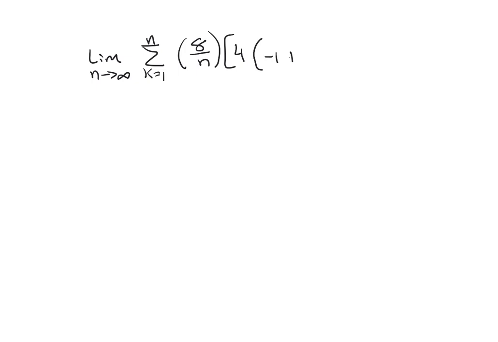Now we're going to go backwards, starting with the limit. So the limit as n approaches infinity. So if I have 8 over n, and then 4 parentheses, -1 plus 8 over n k. I can put 8k over n.